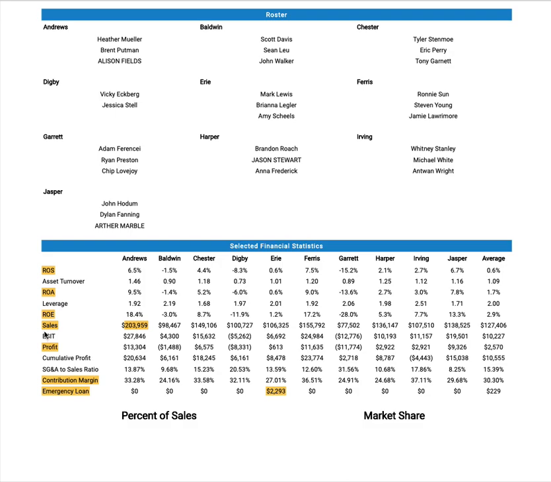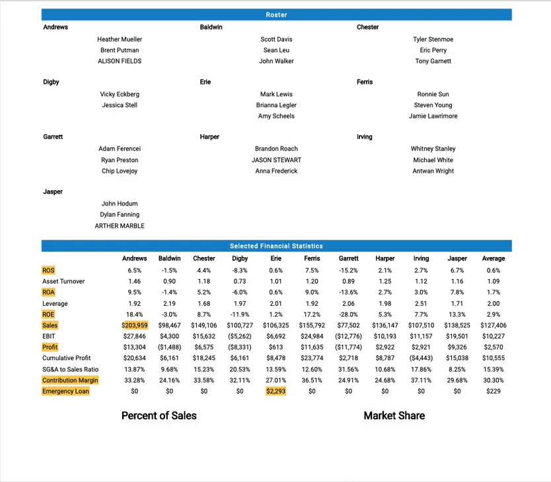So for profit, profit is one of the important measures for this Capsim. So good profit is important, and also the emergency loan. In the previous round, I did not see any emergency loan, but in this round, team Ari ran into an emergency loan.